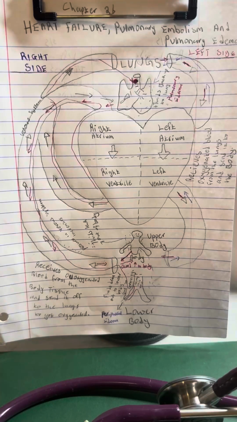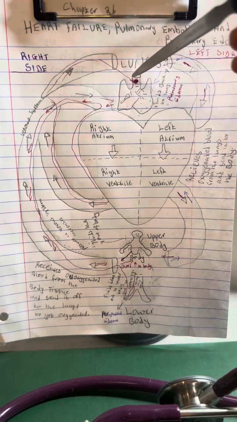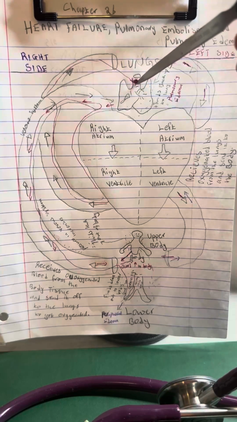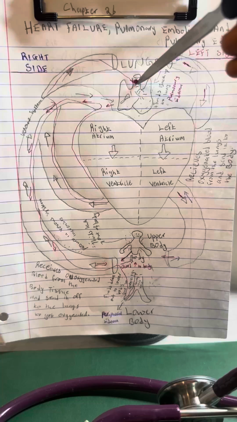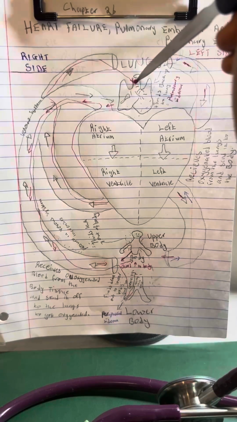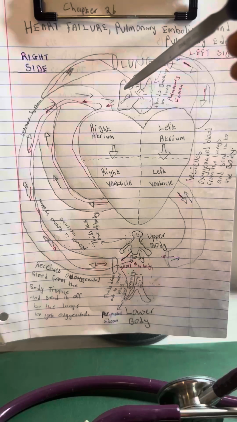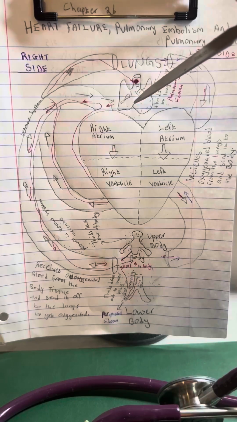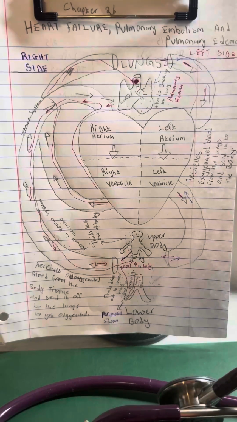So, as I said, the symptoms of pulmonary embolism. With this sitting here, we are going to have shortness of breath, because gas exchange is impaired right there. There's going to be chest pain when we try to breathe in.